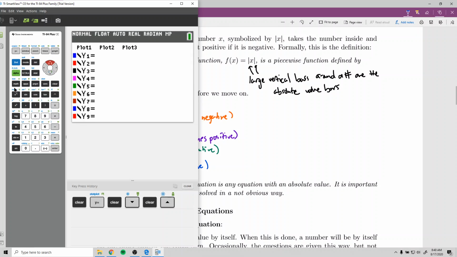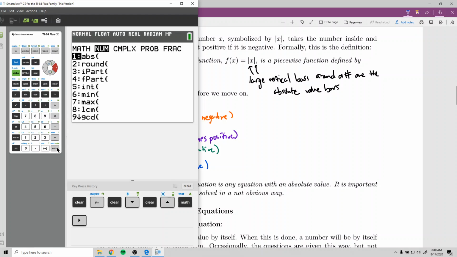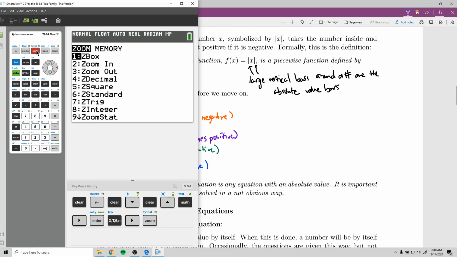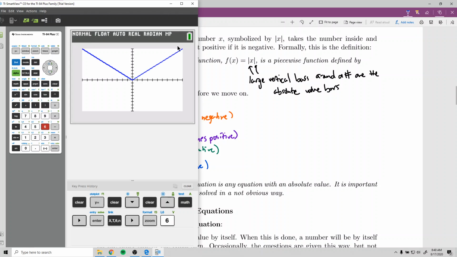I think we've done this before, but if you go to the y equals menu and then hit math, you go over to the NUM, the number menu, ABS means absolute value, and you put in X. Now for the older calculators, you'll just get ABS with an open parenthesis, and you just put the X inside of there and close the parenthesis. All right, but I want to graph this. So hit zoom, go to your standard window 6, and you get that V shape.